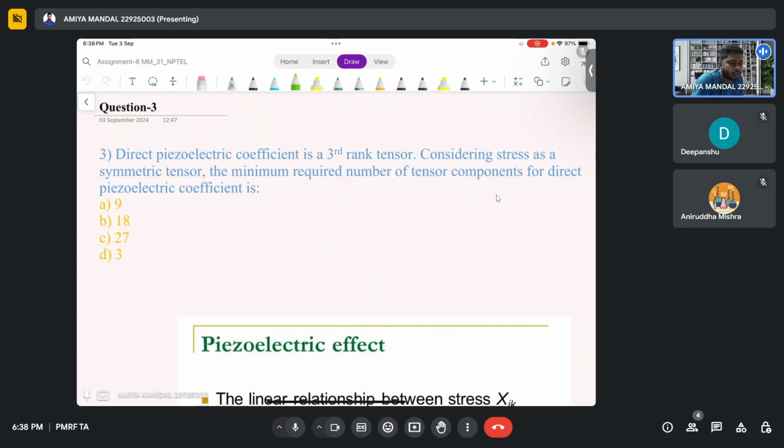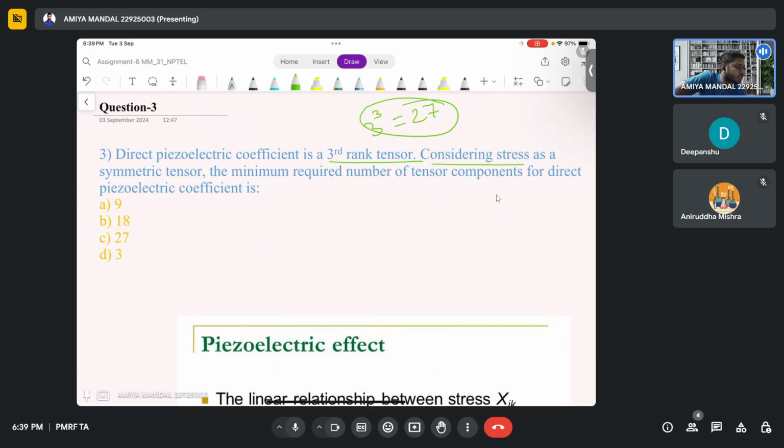I have already discussed, and you will also learn, that the direct piezoelectric coefficient is a third rank tensor. What is the meaning of third rank tensor? It means it has 3 to the power 3 components, meaning 27 components should be there.